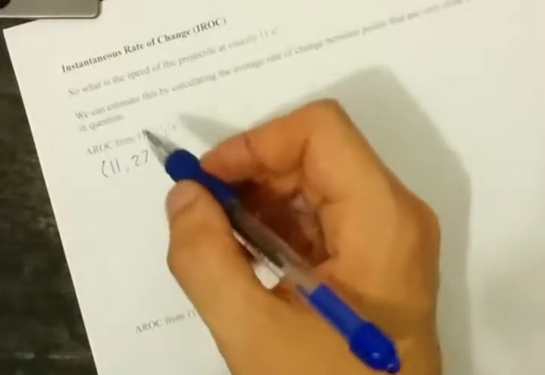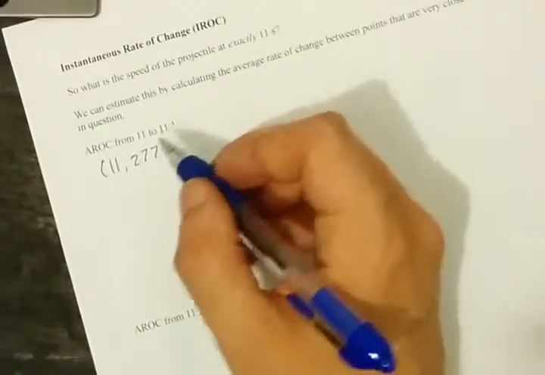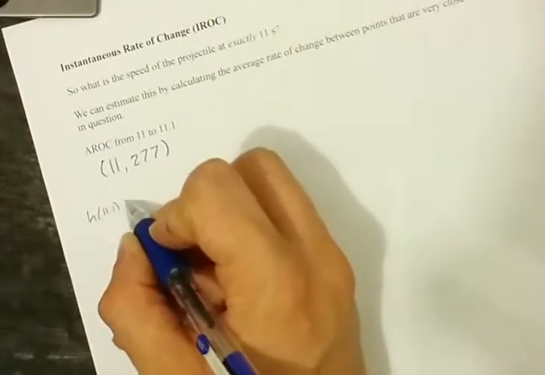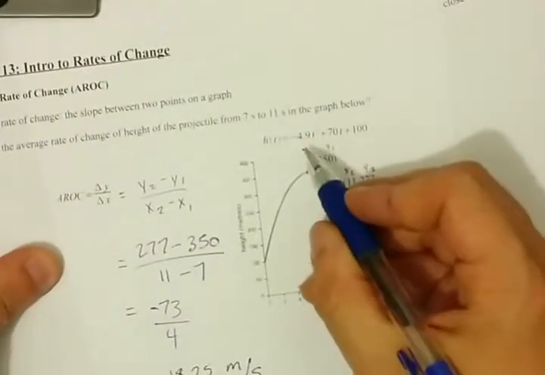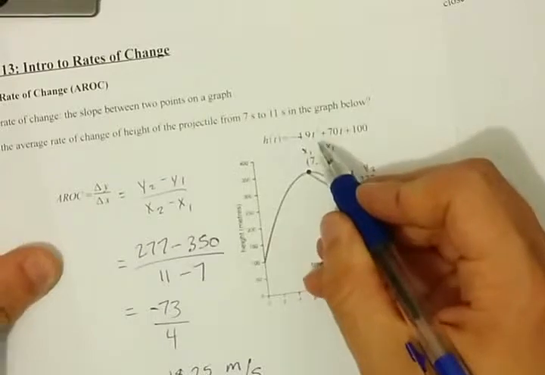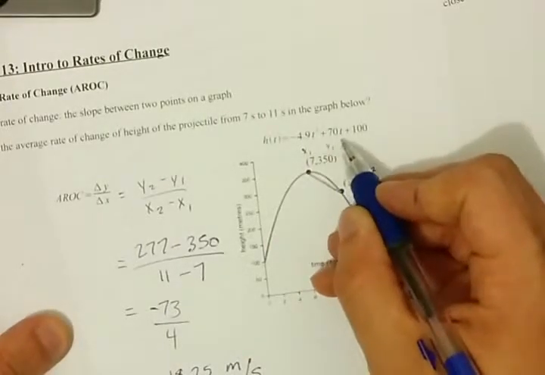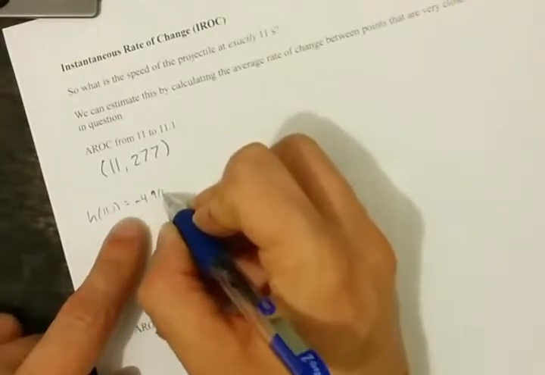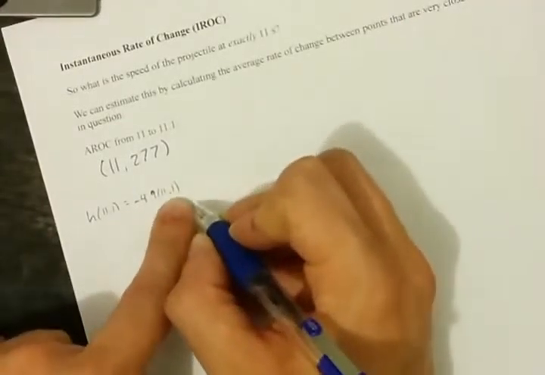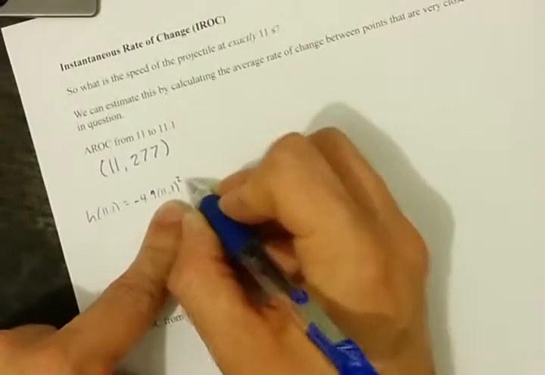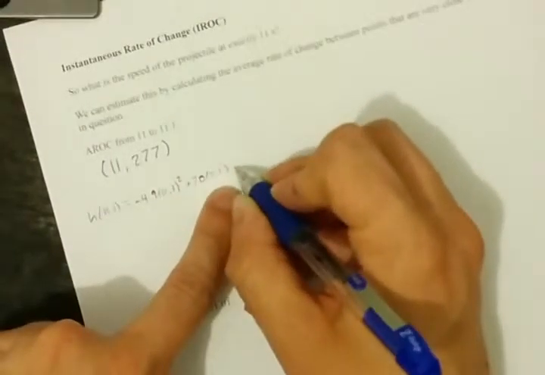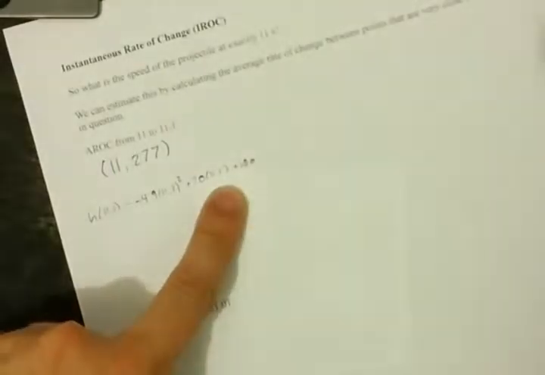Now, to get my second point, I have to plug 11.1 into my original function. I need the height at 11.1 seconds. My function is negative 4.9t squared plus 70t plus 100. Negative 4.9 times 11.1 squared, plus 70 times 11.1, plus 100.